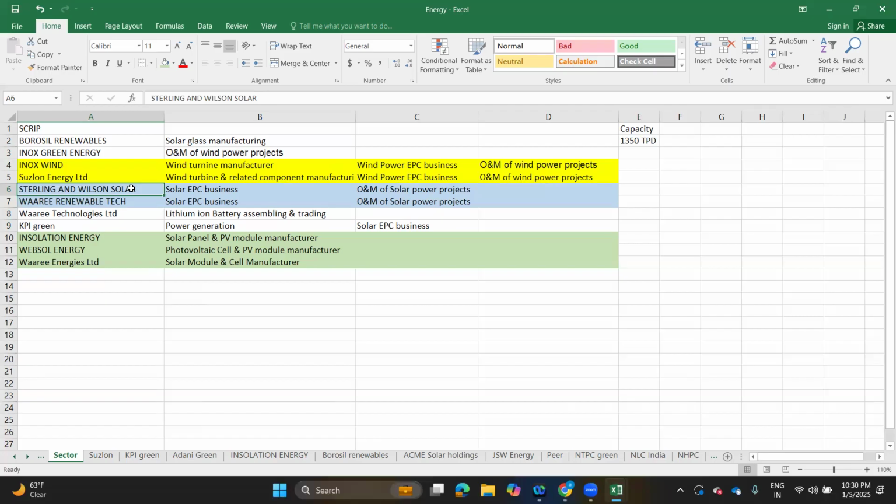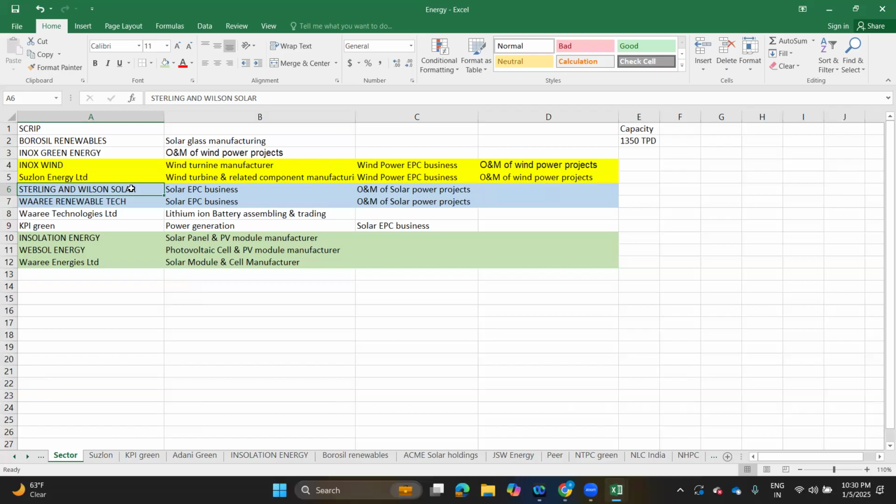And along with that, I was referring to the Vikram group. They have various listings. Vikram Energies, which is a solar module and cell manufacturer. Vikram Renewables, which is basically into solar EPC, operation and maintenance. And Vikram Technology, which is not at all in this particular business. They are also into energy: lithium-ion battery assembling and trading.